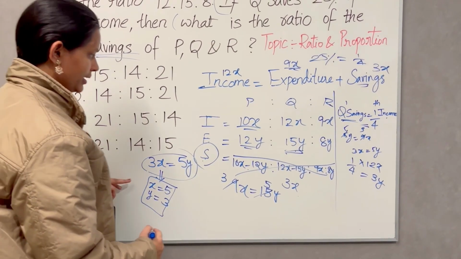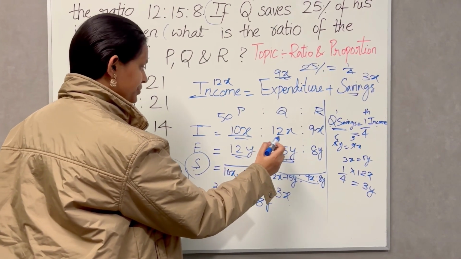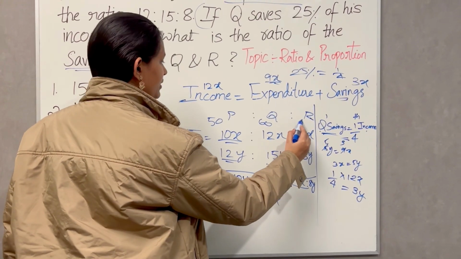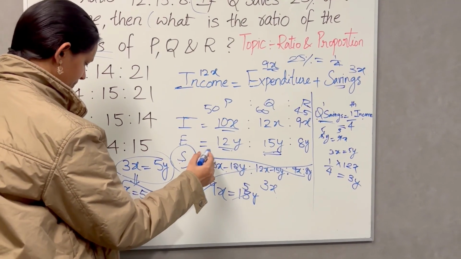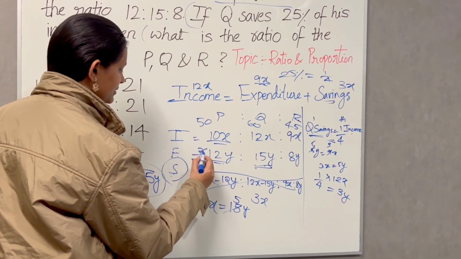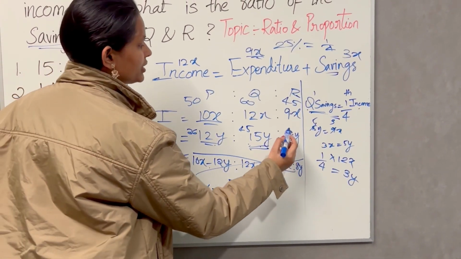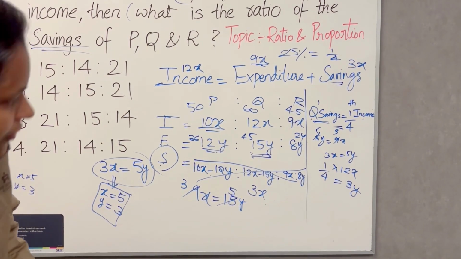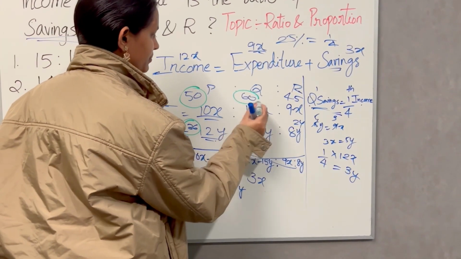We substitute here. If x is 5, this value is 50. X is 5, this value is 60. X is 5, this is 45. Then the expenditures become 12 into 3, 36. 15 into 3, 45. 8 into 3, 24. So we got the values of income and expenditure.